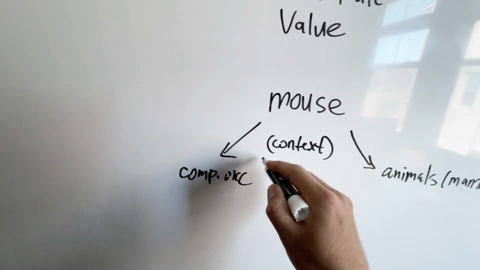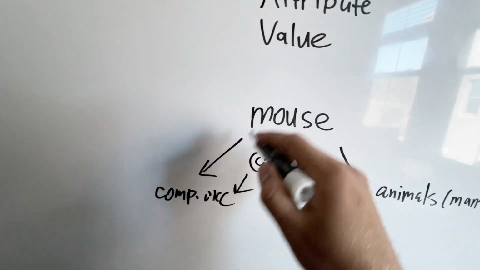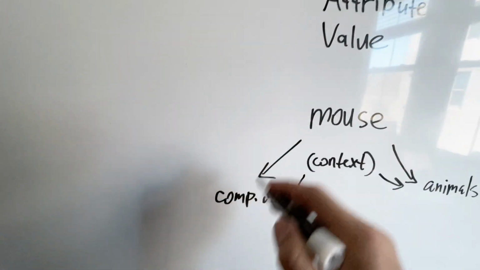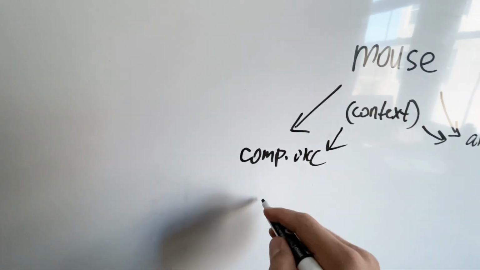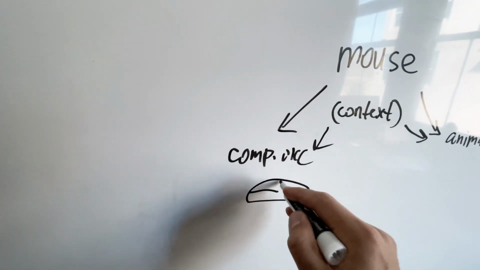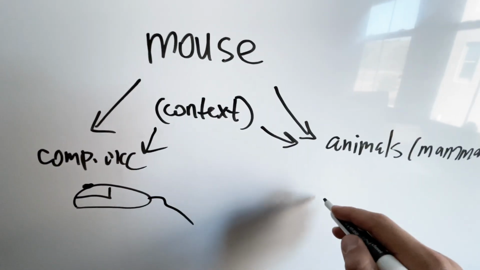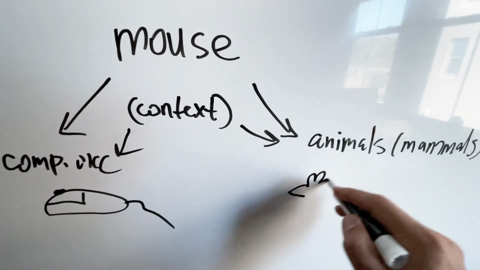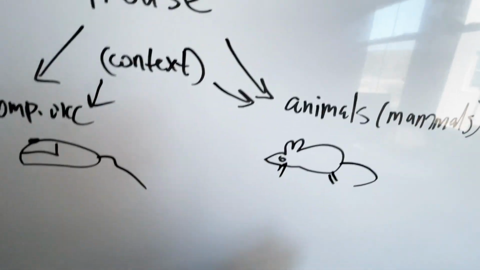So we have this context here and we have this context here. Depending on context, not only would the entity meaning change, but also the attributes. Because with a computer mouse, I'm gonna draw it like this, there's a wheel, there's a wire. And an animal mouse, right?